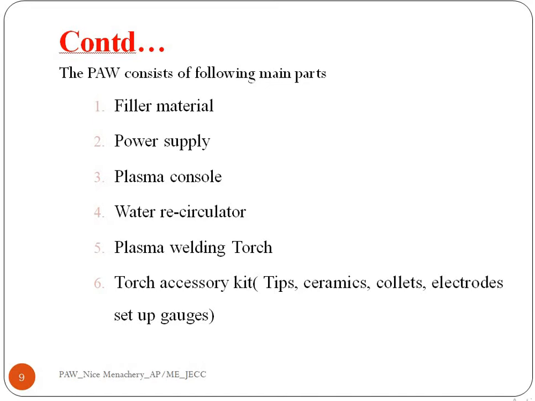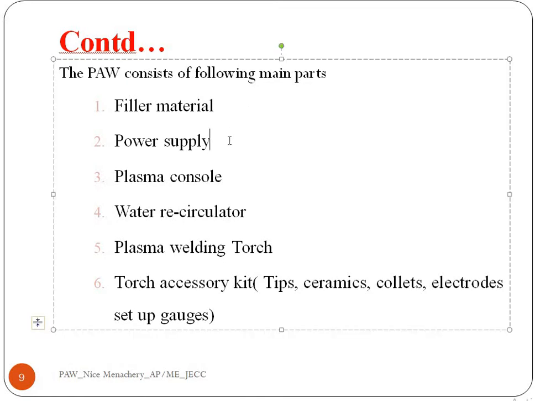These are the main parts of the plasma arc welding process. The first one is filler material. In general, in the plasma arc welding process, filler material may not be used. Normally there is no use of filler material, but in some cases it can be used, and that can be incorporated manually.